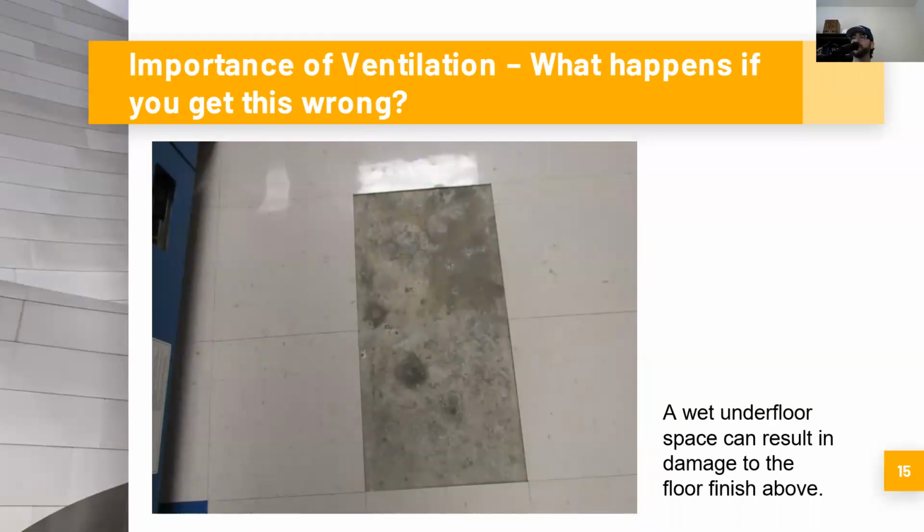So in this particular circumstance, you can see some damage to the top of the slab. You can see the staining. You can see some white efflorescence forming on the top of the slab. And essentially what's happening is, even though you have a vinyl tile here, you have vapor drive pushing upwards through the slab.